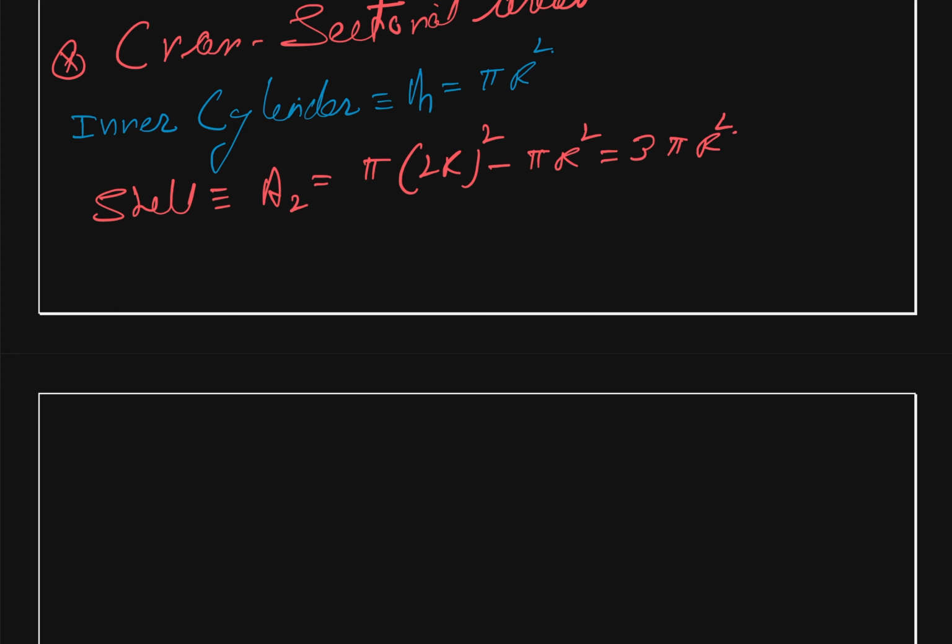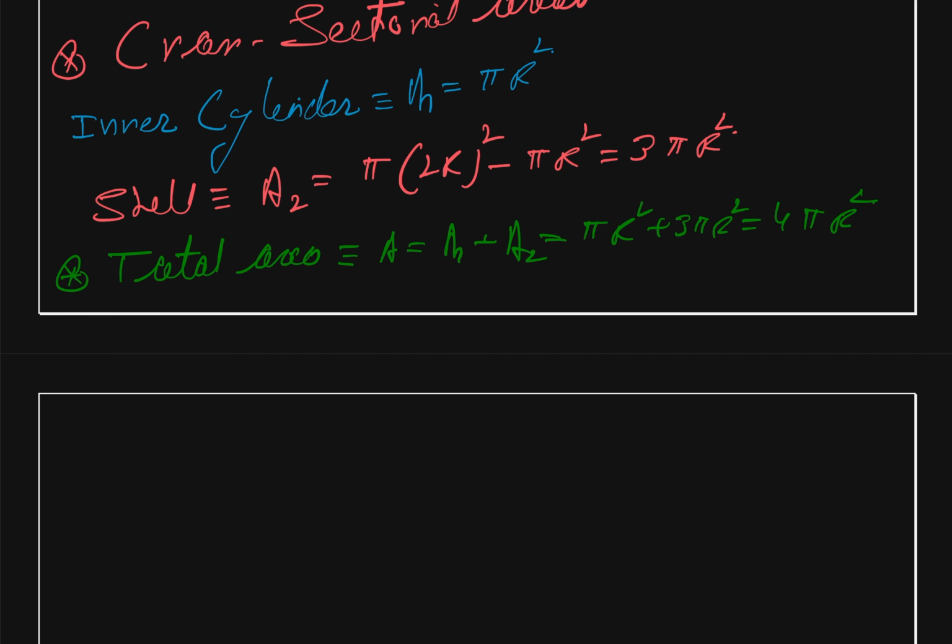Therefore total area A will be equal to A1 plus A2, and we get this as pi r square plus 3 pi r square is equal to 4 pi r square.